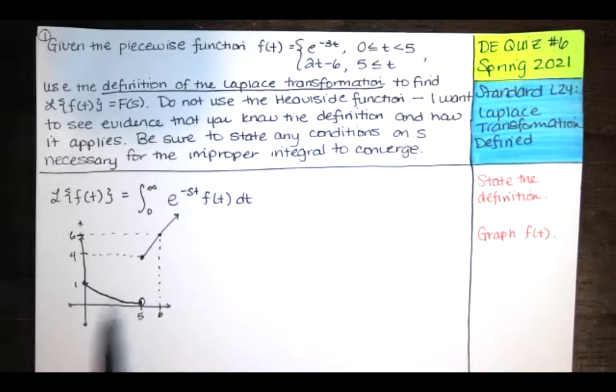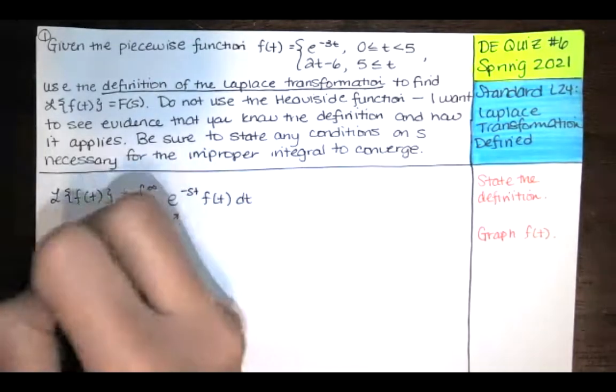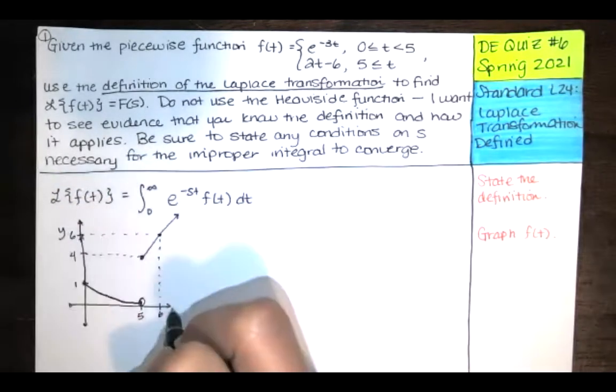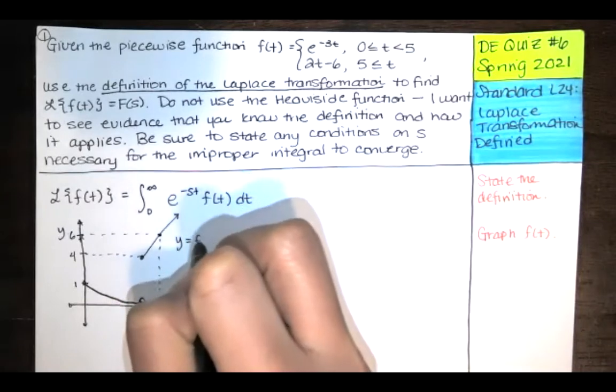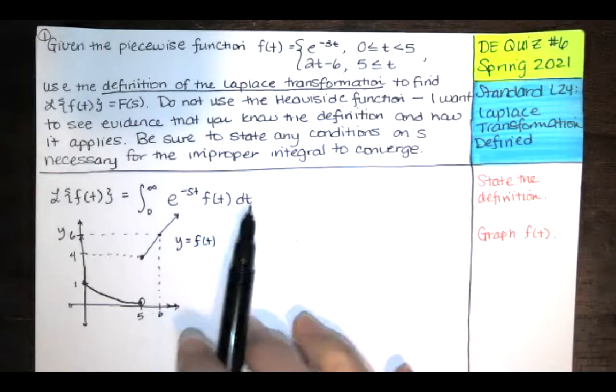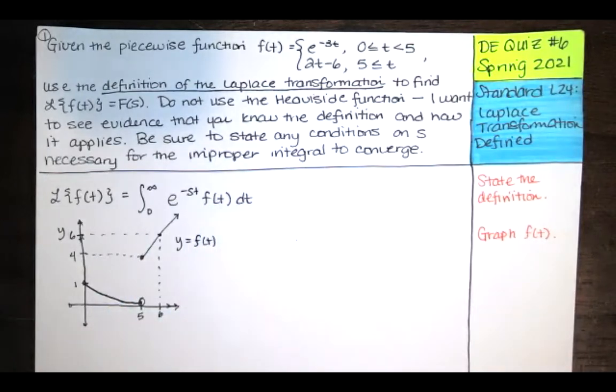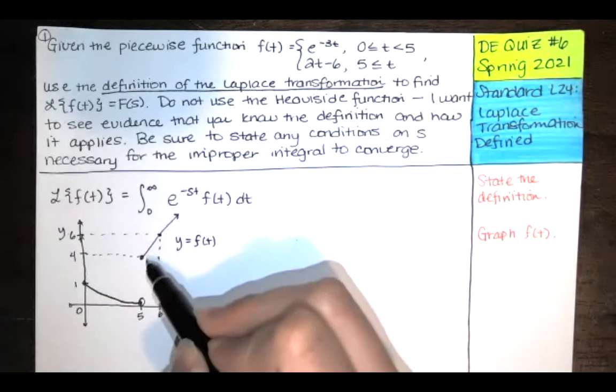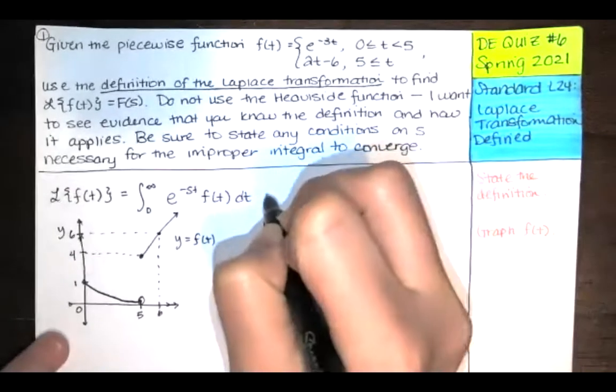Now, because it's defined in two pieces, we need to evaluate this integral from 0 to infinity by splitting it into two pieces. First, we'll evaluate the integral from 0 to 5. That's t equals 0 to t equals 5. And then we'll evaluate the integral from 5 to infinity.